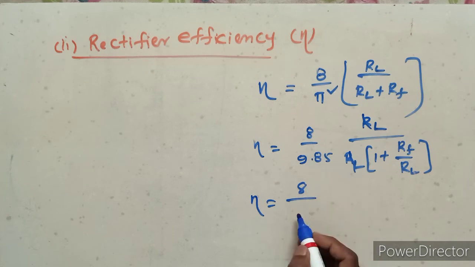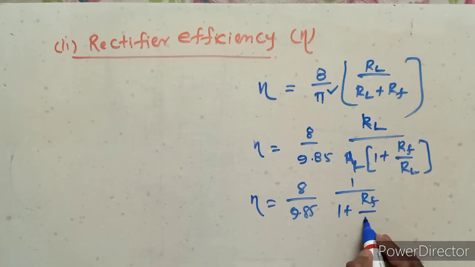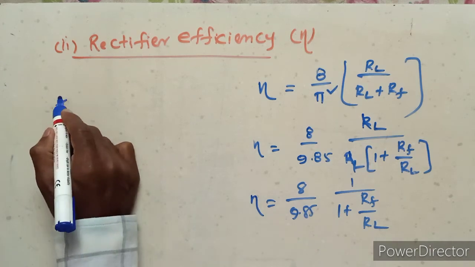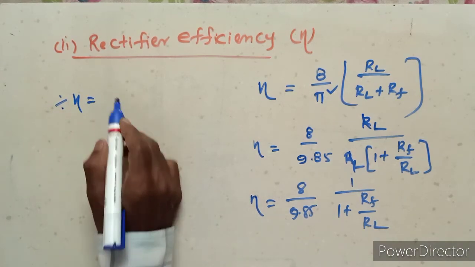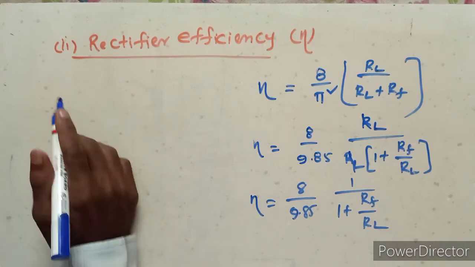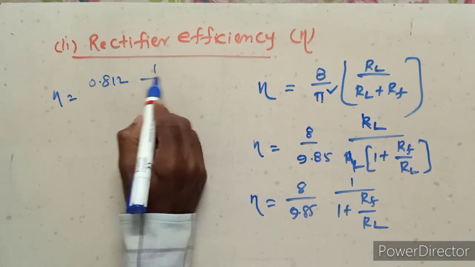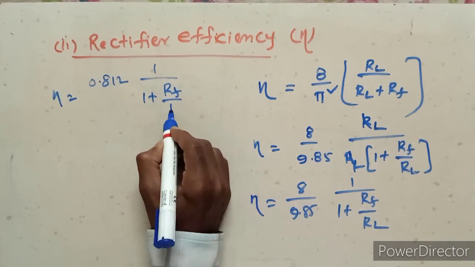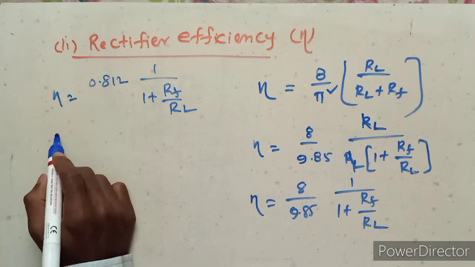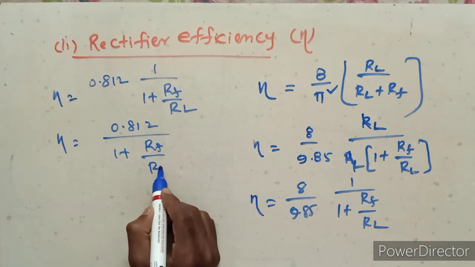Eta equals 8 upon 9.85 into 1 upon (1 plus RF upon RL). 8 upon 9.85 is 0.812, so eta equals 0.812 upon (1 plus RF upon RL).